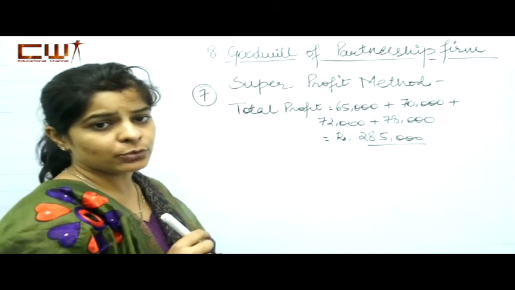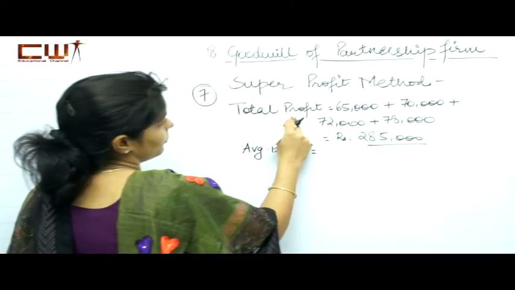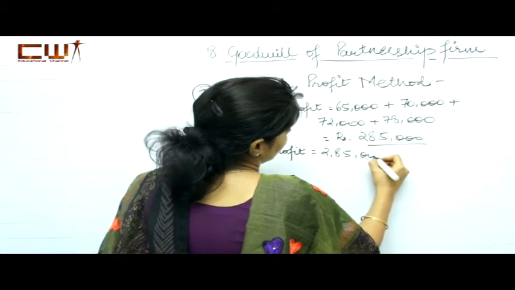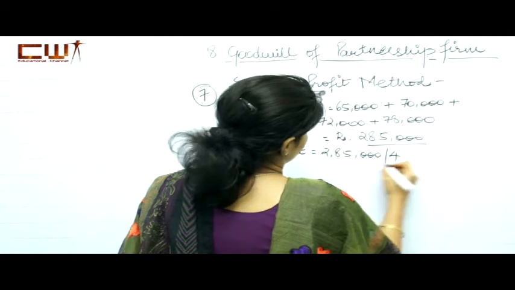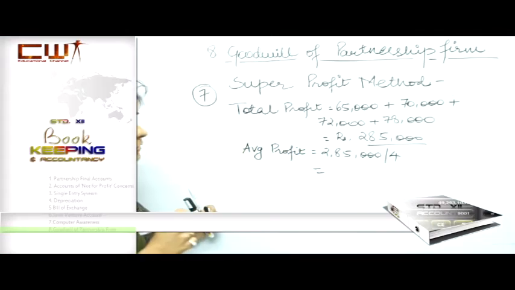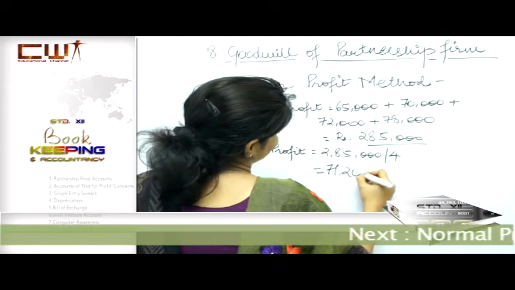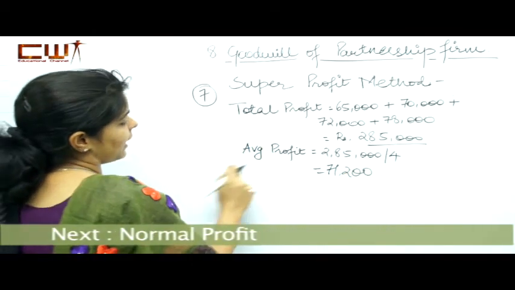Next step that you will do is finding out the average profit. Average profit is total profit divided by number of years. What is the total profit? 2,85,000 divided by 4. So what you get, 2,85,000 divided by 4 is 71,200. This is the average profit.